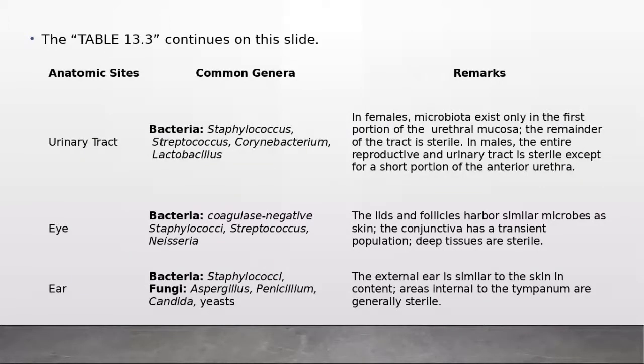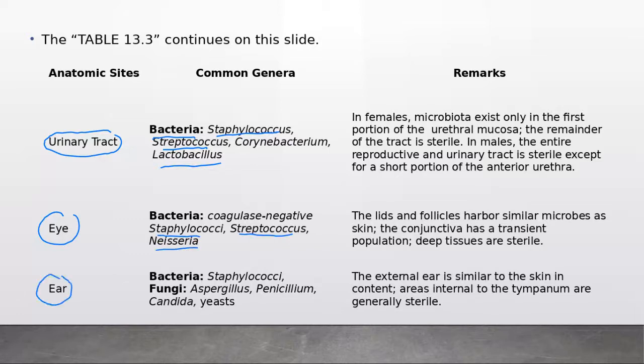For the urinary tract, the normal bacteria that live here are mostly Staphylococcus, Streptococcus, Lactobacillus. Eyes also face the environment directly, so some bacteria also live on our eyes, like Staphylococcus, Streptococcus, Neisseria.